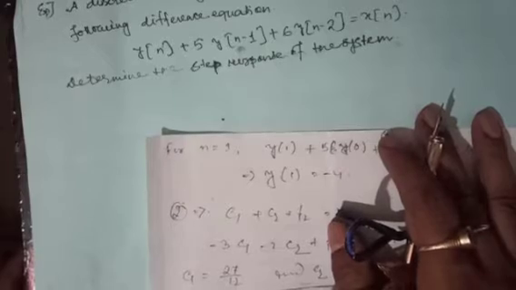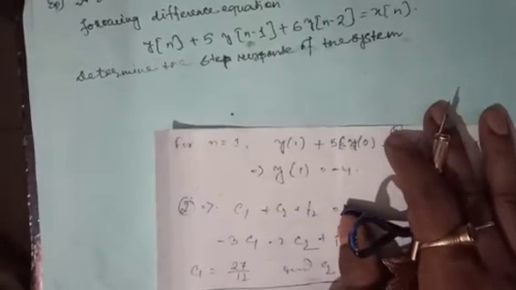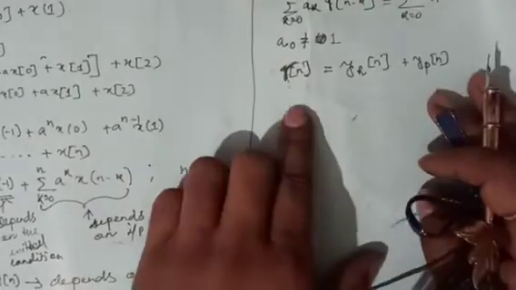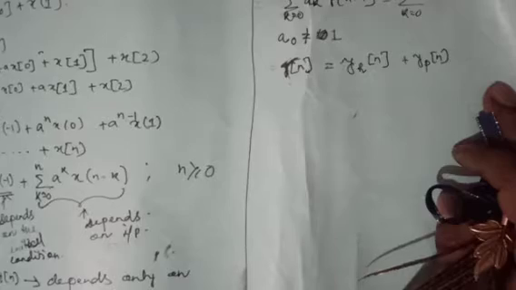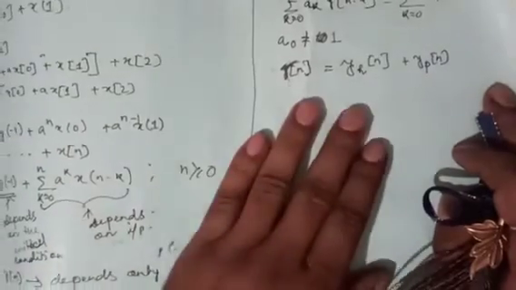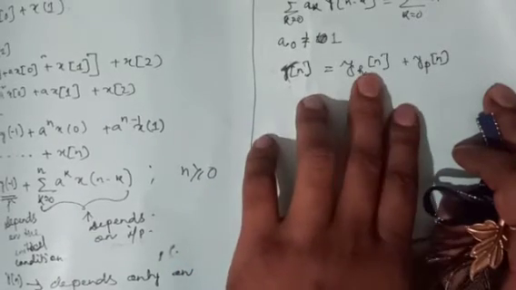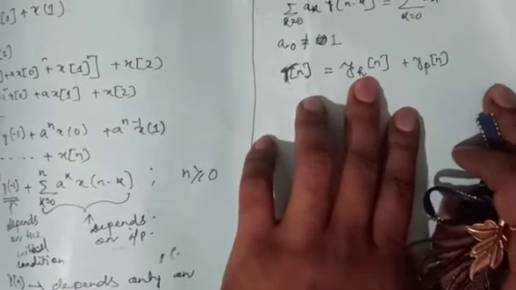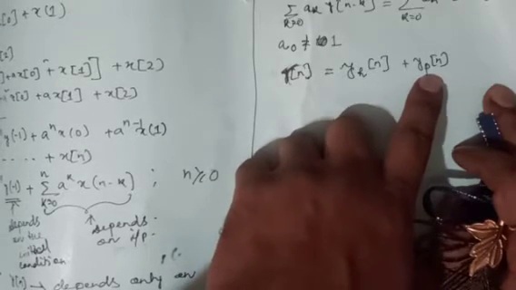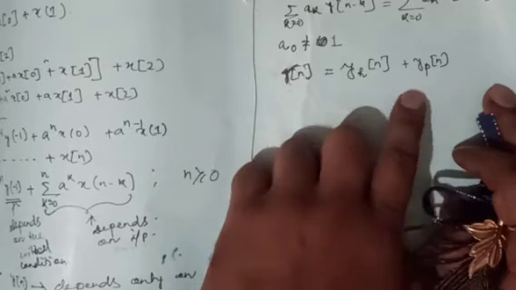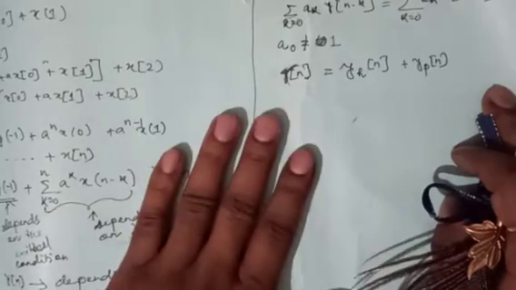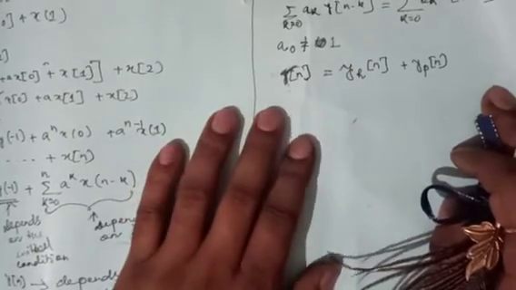I have explained with an example the procedure of solving a difference equation, or finding the response of a discrete time system, in terms of the homogeneous or complementary solution, or zero input response, plus the particular solution or forced response of the system. Together they are the total solution, and we have evaluated this with an example.